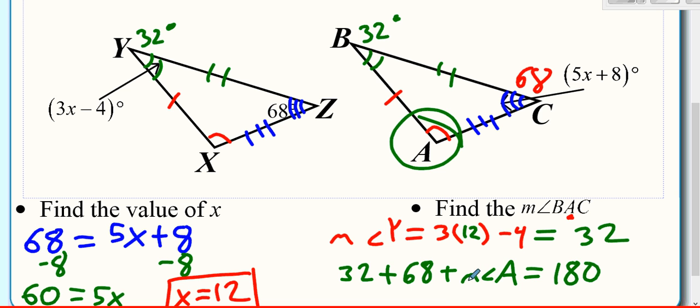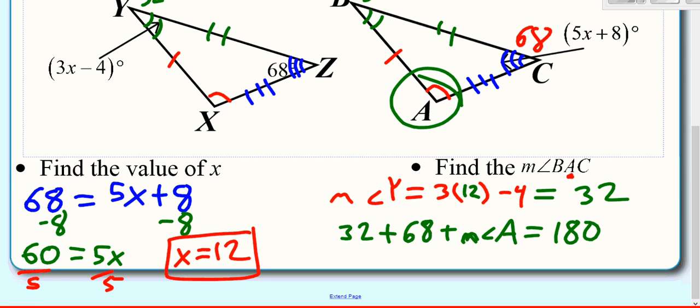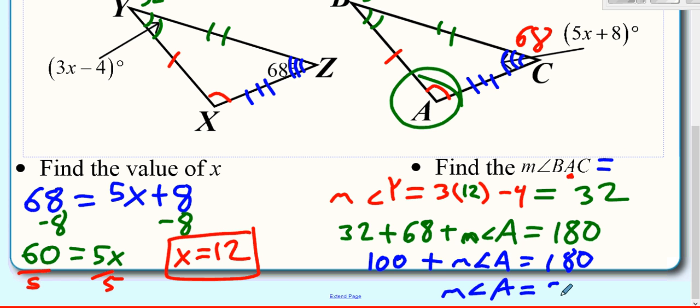If you don't want to write measure of angle A, you could have written x and then solve for x again. So finish it off. We can add these two numbers together. That's 100. So that means angle A, or angle BAC, whichever way you want to write it, it's just 80.